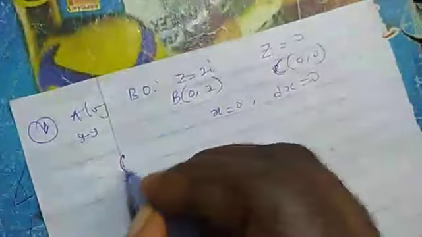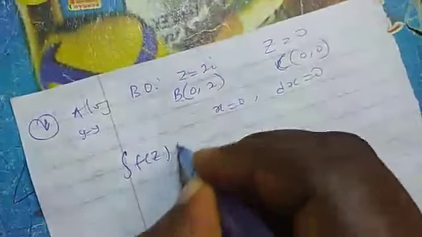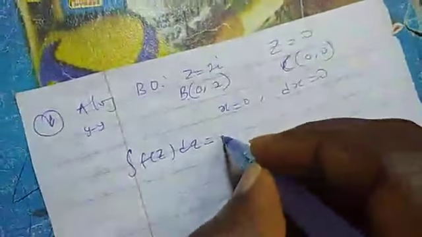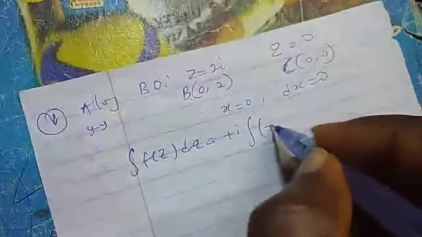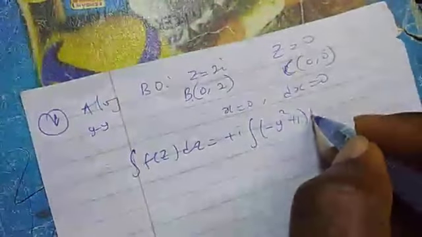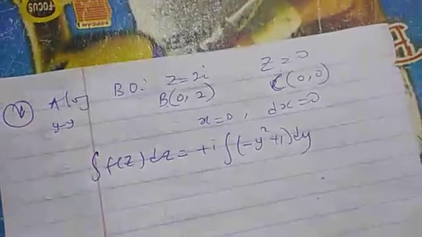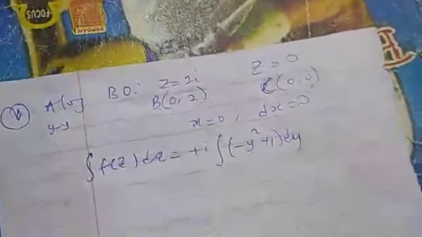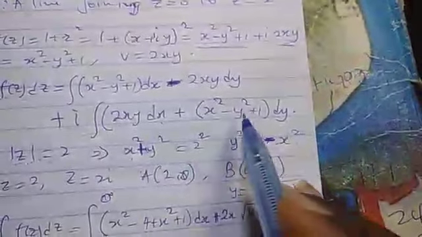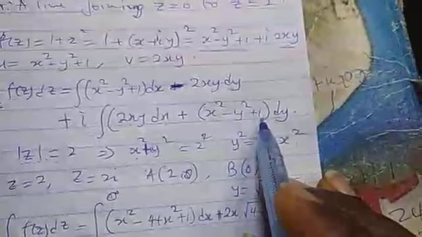It will remain only this. The integral f of z dz will be equal to plus i into minus y squared plus 1 dy. So this is what we are going to have left. Once again, this is minus y squared plus 1. And that is what I wrote here.